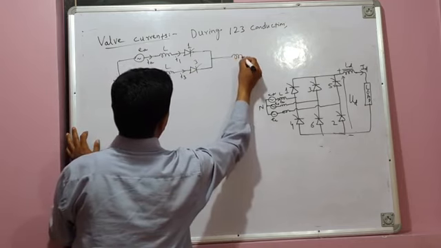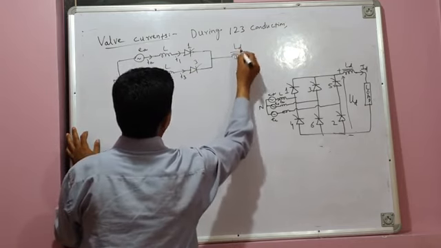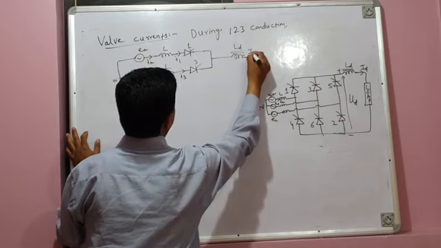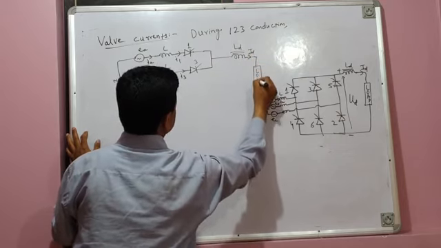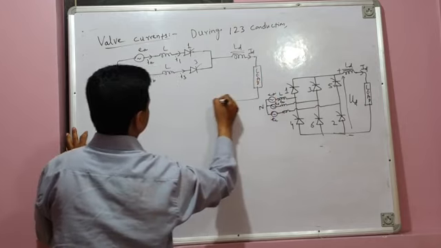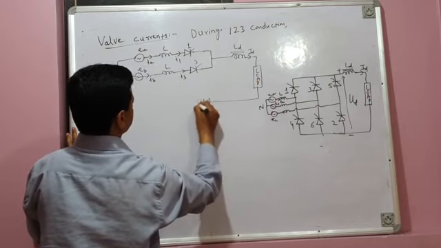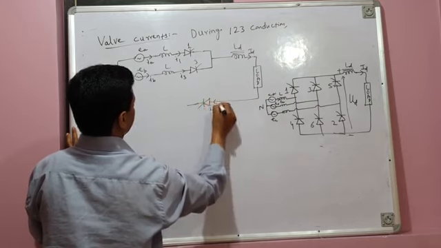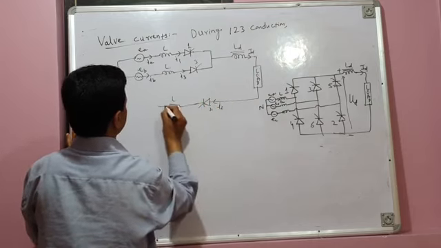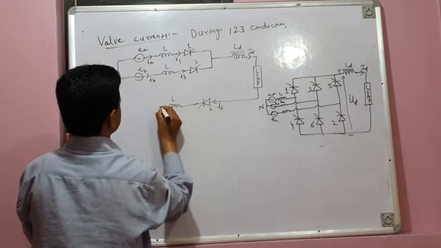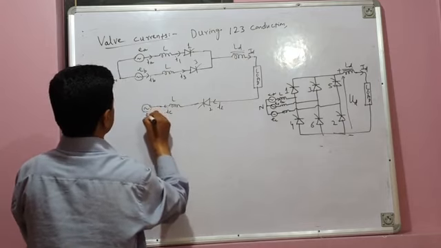This is the inductance in series with load, and this is load current ID. And this is our load. Return path is through valve 2, and valve current is I2. This is the source inductance L, this is line current IC, and this is phase voltage EC.